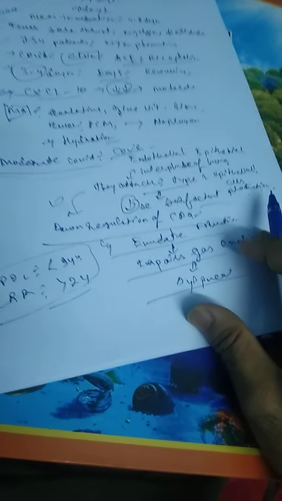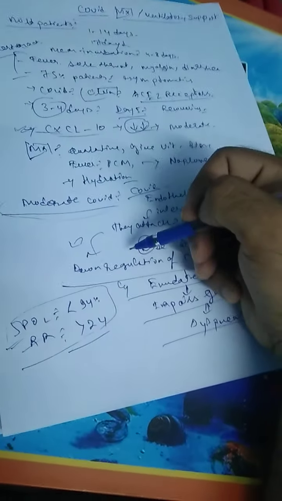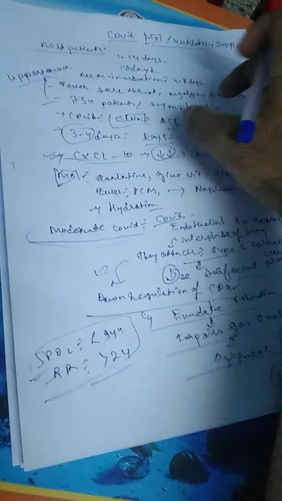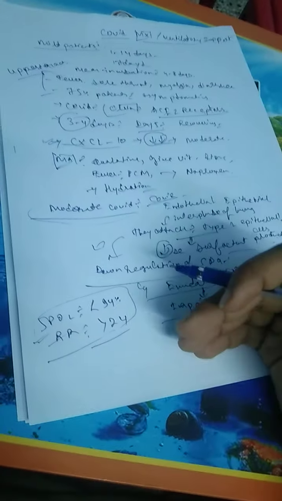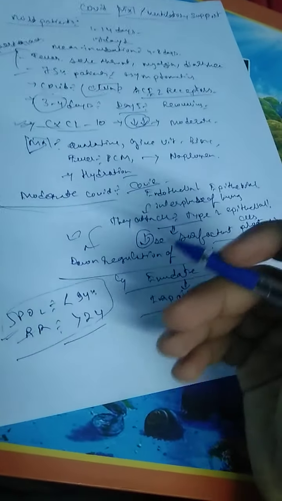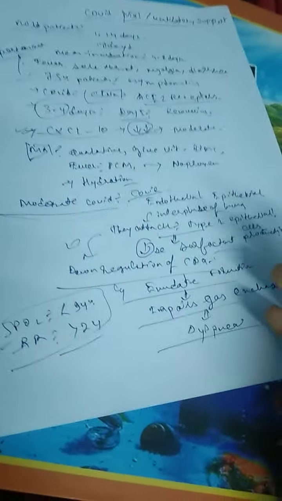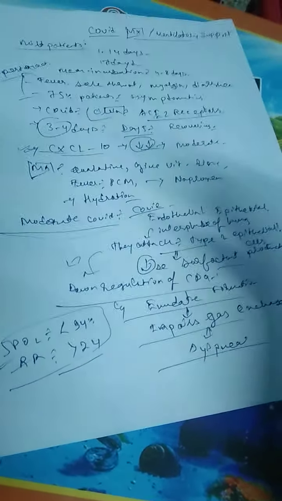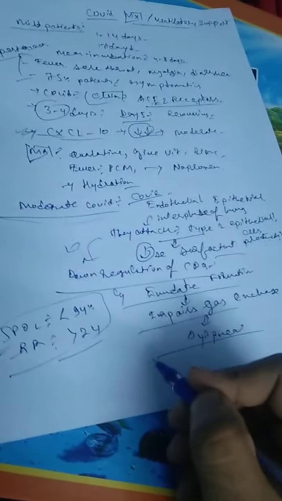I have told you that in mild COVID the patient recovers by the 5th day. In mild COVID there is only upper respiratory tract involvement, whereas in moderate COVID the lower respiratory tract is also involved. So if the patient goes into moderate COVID, we see on the 5th or 6th day that the patient is worsening, the symptoms are worsening, and he is having dyspnea and so on. That is what we have to look for and manage.